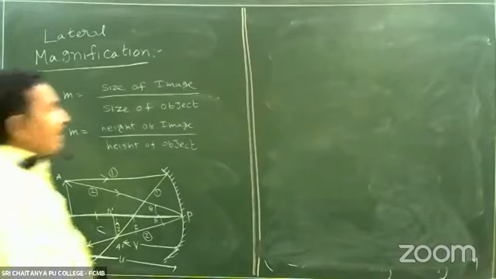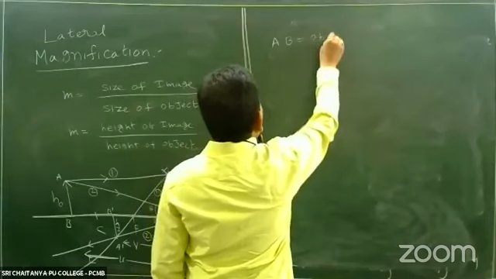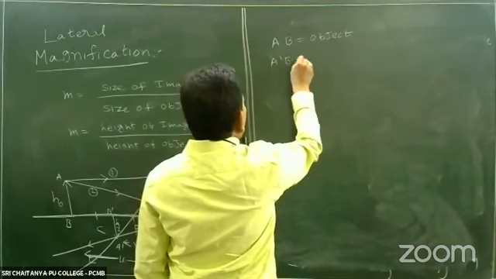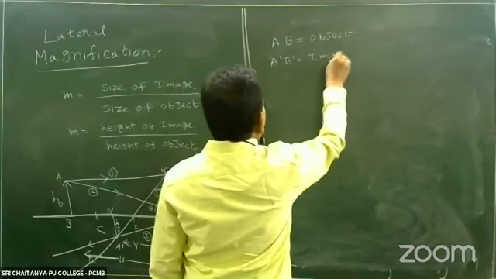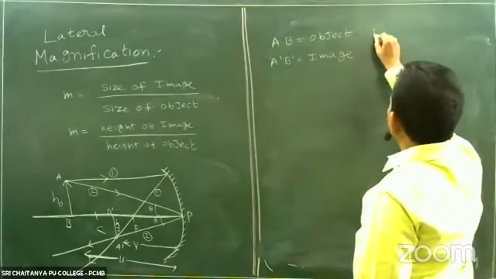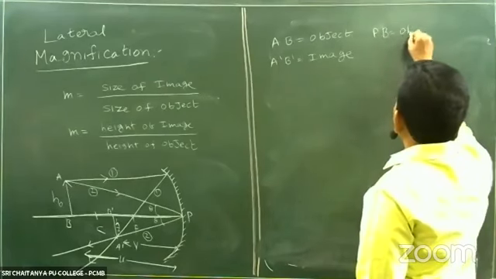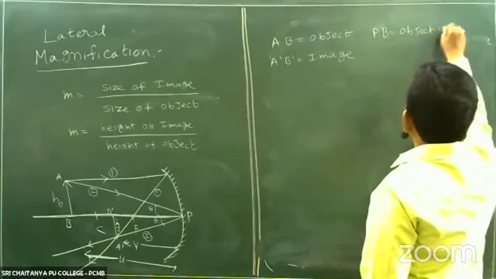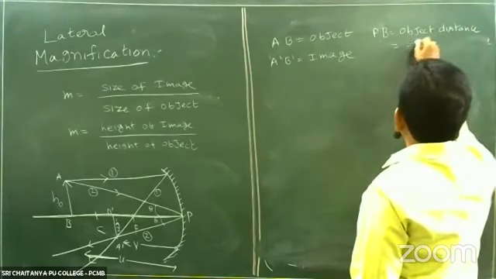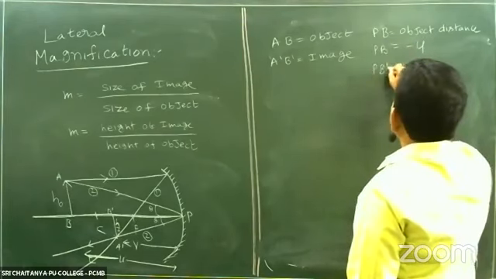So what is AB? AB is the object. What is A dash B dash? A dash B dash is the image. What is PB? PB, the object distance, is equal to minus U. What is PB dash?